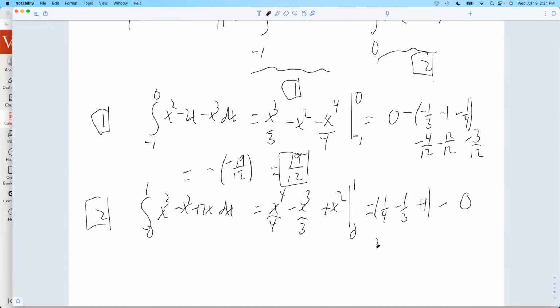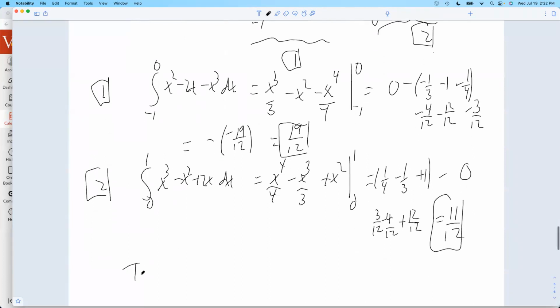All right, so what do we got there? That's 3/12 minus 4/12 plus 12/12. So that'd be 15 minus 4. I think we get 11/12. So then the total is 19 over 12 plus 11 over 12.